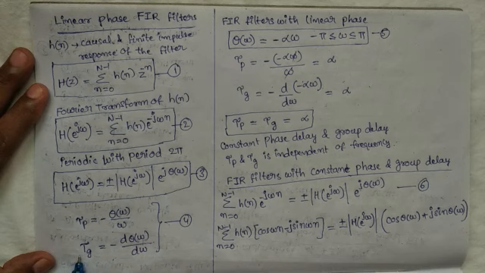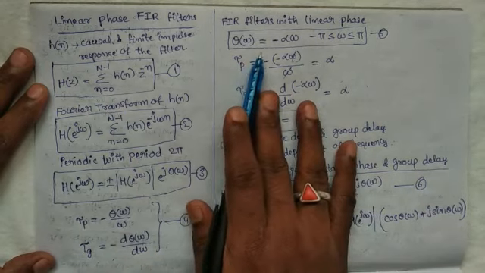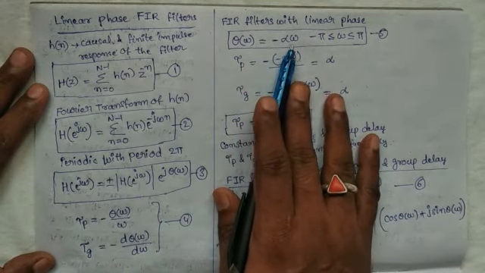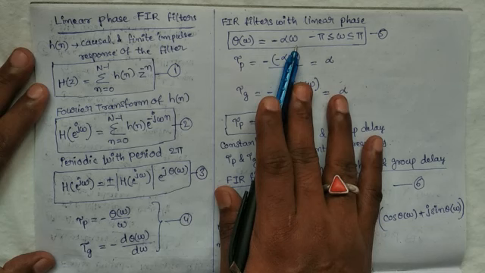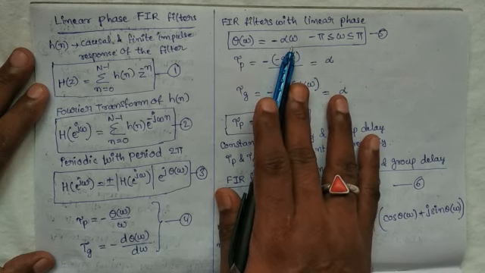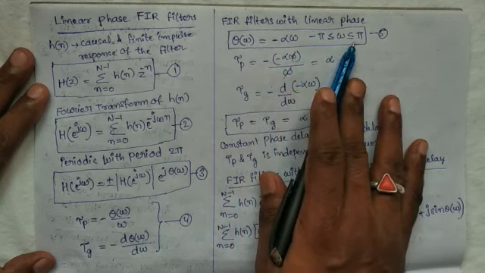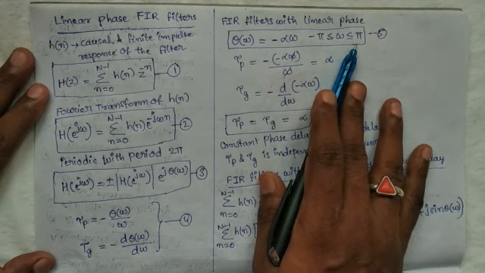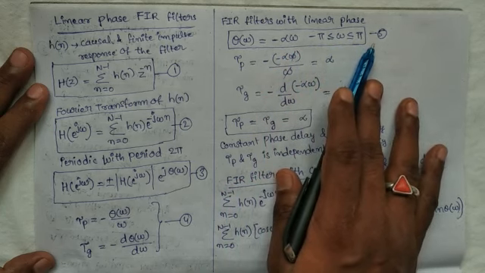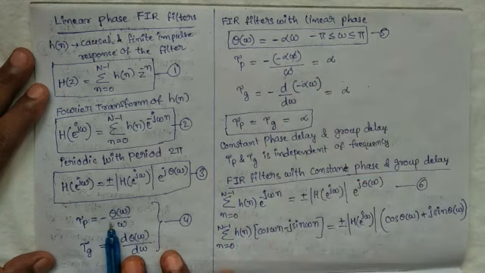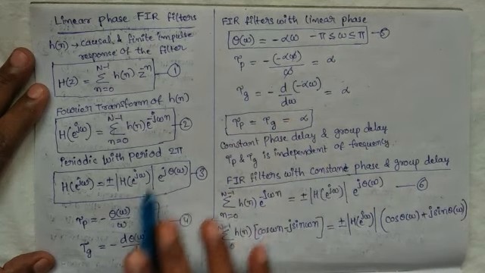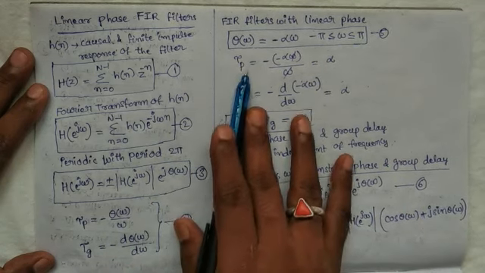For linear phase FIR filters, the phase angle theta of omega is equal to minus alpha omega, where omega ranges from minus pi to pi. Now we calculate the phase delay.